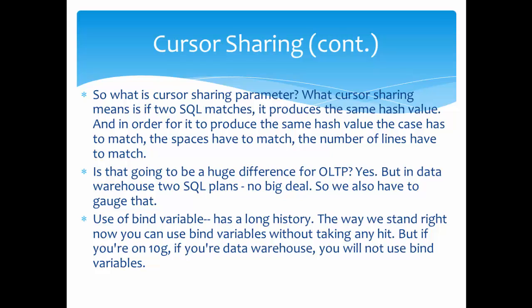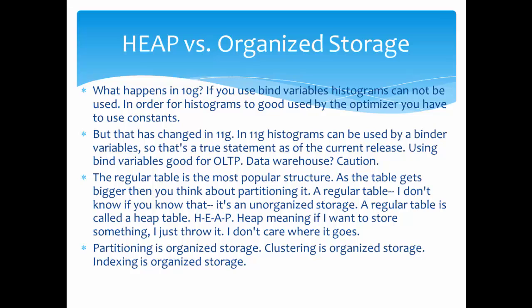Use of bind variables has a long history. The way we stand right now, you can use bind variables without taking any hit. But if you're on 10G and you're a data warehouse, you will not use bind variables. What happens in 10G? If you use bind variables, histograms cannot be used.